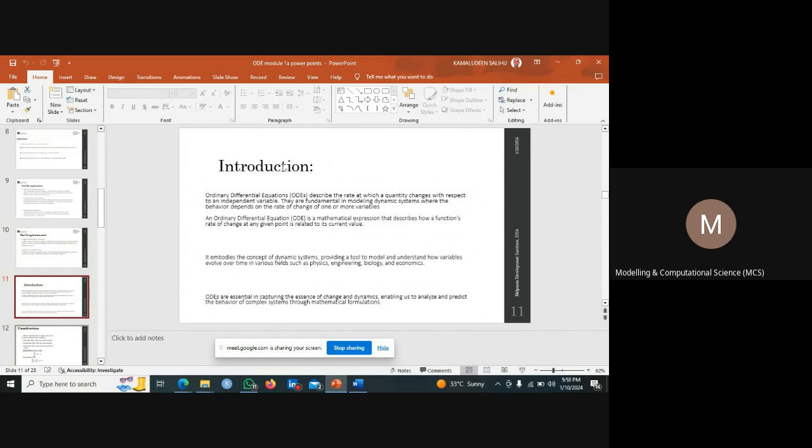But this one is called ordinary differential equation because it describes the rate at which a quantity changes with respect to an independent variable. A differential equation occurs when it is necessary to relate a quantity given by a function to its rate of change given by the derivative of the function.